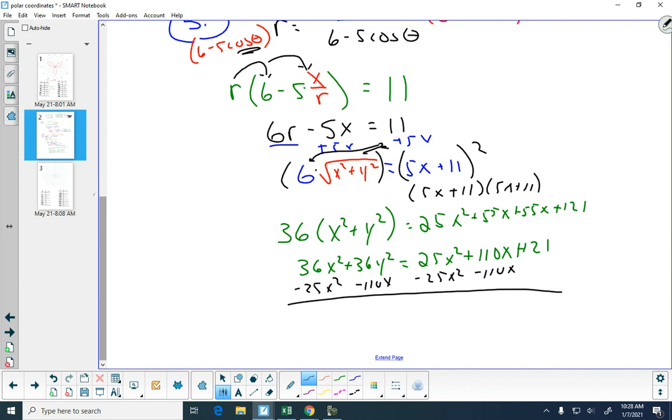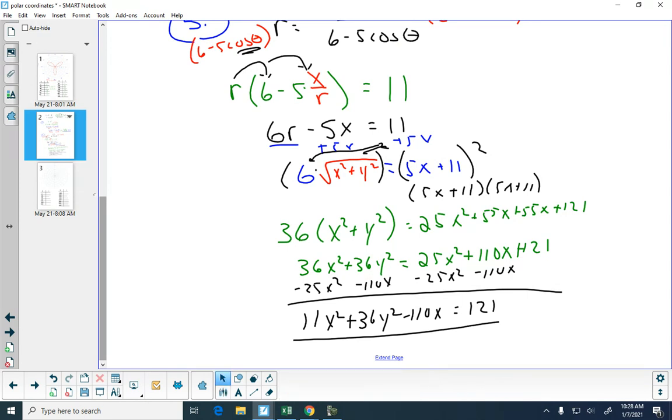So getting it into the standard form, this gives me 11x squared plus 36y squared minus 110x is equal to 121. Which, for your pre-calc fans or your algebra fans, would be a conic section that would be an ellipse.